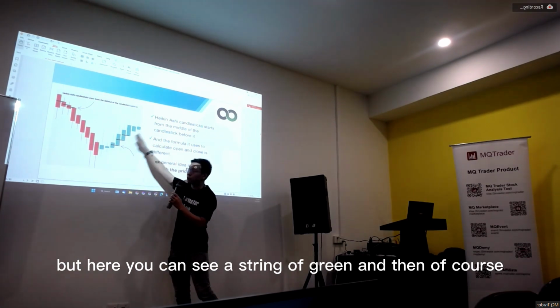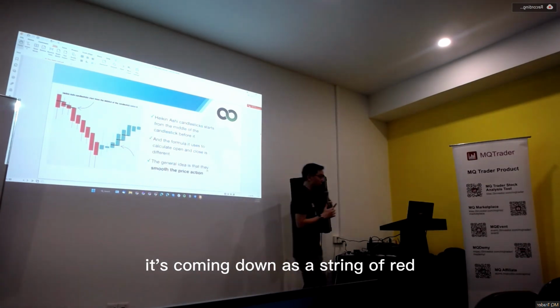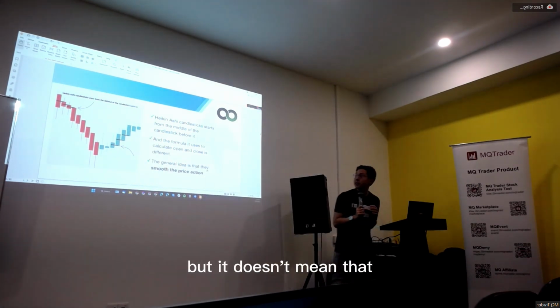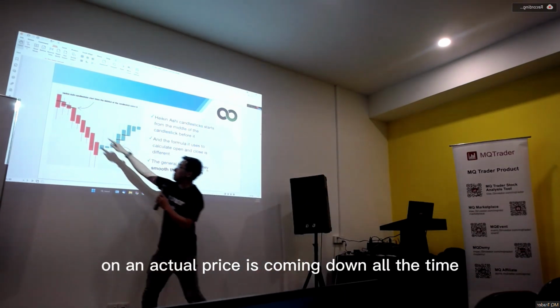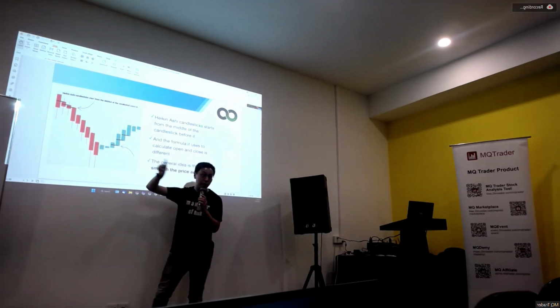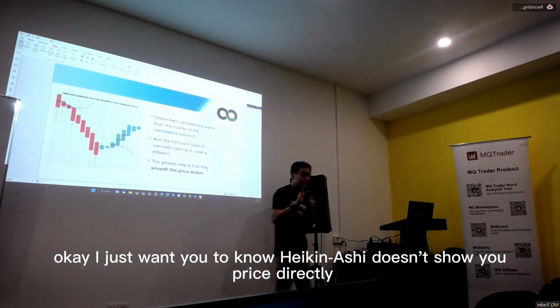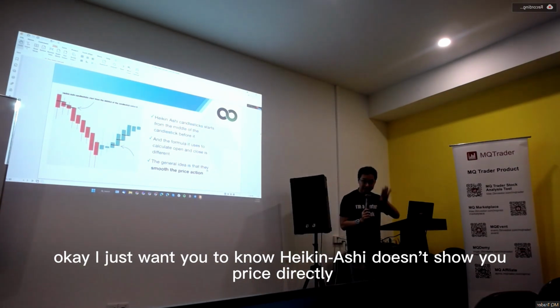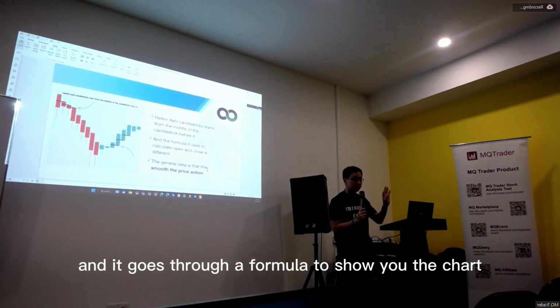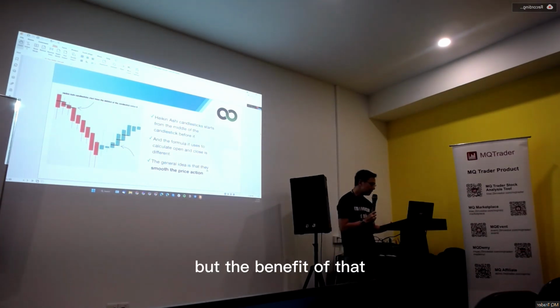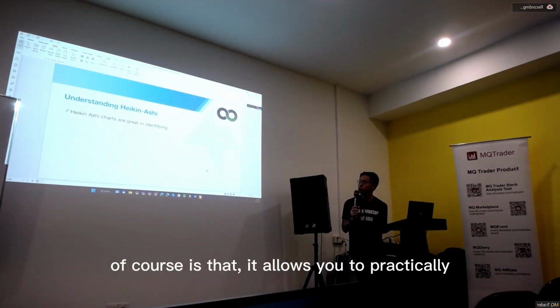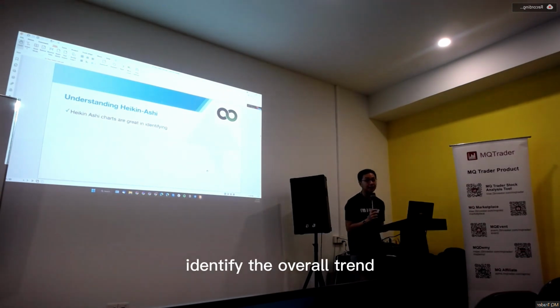Here, you can see a string of green, and then as it's coming down, a string of red. But it doesn't mean the actual price is coming down all the time. Heikin-Ashi doesn't show you price directly. It goes through a formula to show you the chart. But the benefit of that is that it allows you to very quickly identify the overall trend.